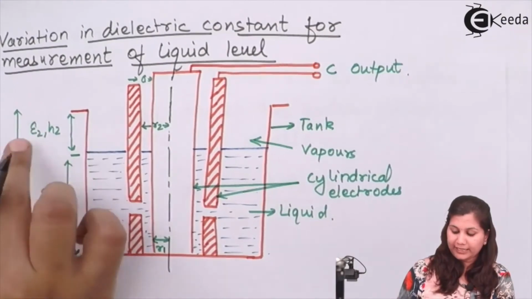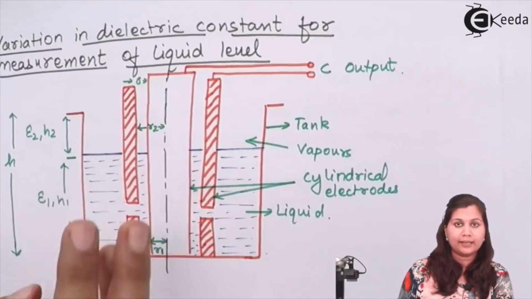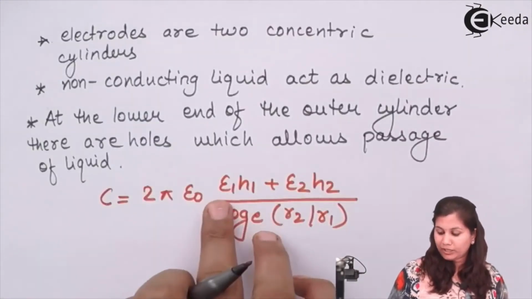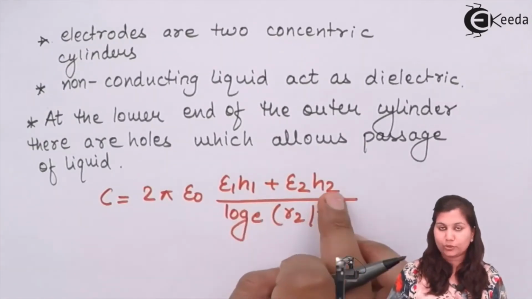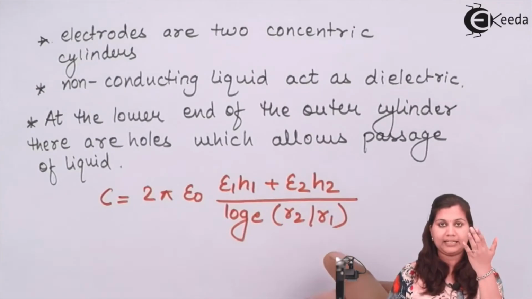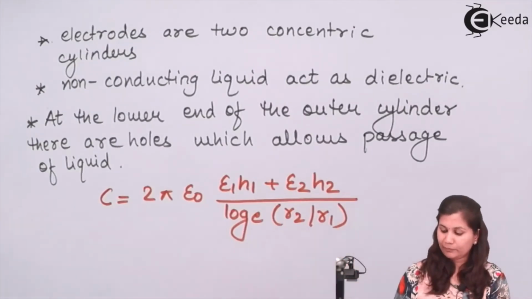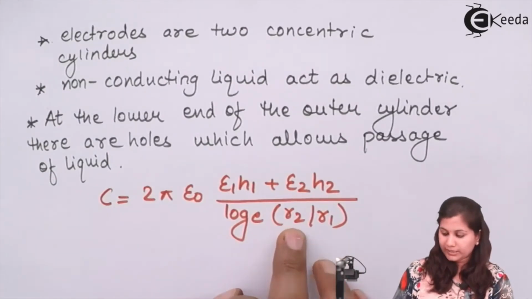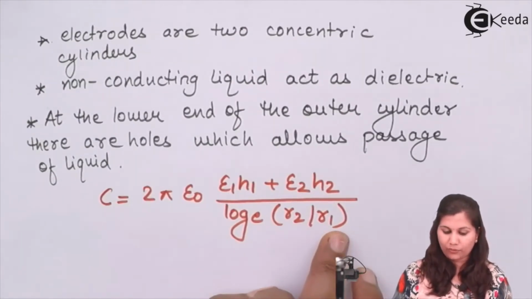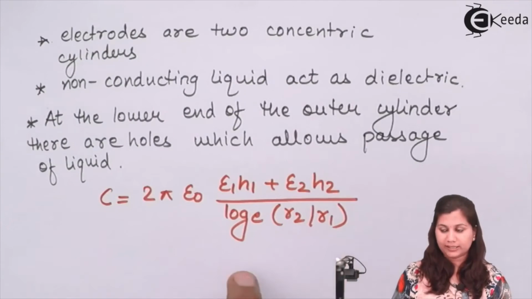So these are the dielectric constants for these mediums. So epsilon 1 is present for height h1, the liquid height, and h2 is the remaining height, h minus h1 we can say. R2 is the radius of the outer cylinder, and r1 is the outer radius of the inner cylinder.